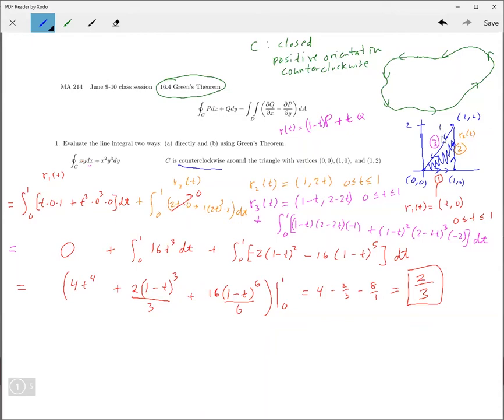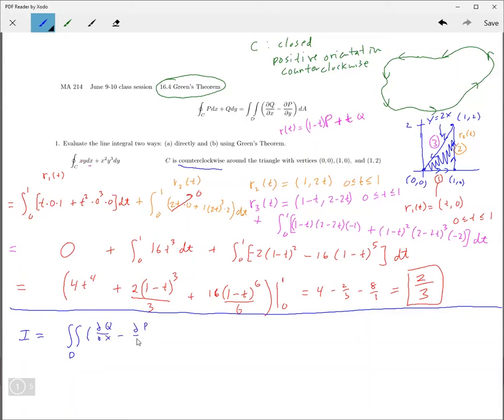And this curve is y equals 2x, right? Green's theorem says that the integral is going to be the integral over the region of the partial of Q with respect to x minus the partial of P with respect to y dA.